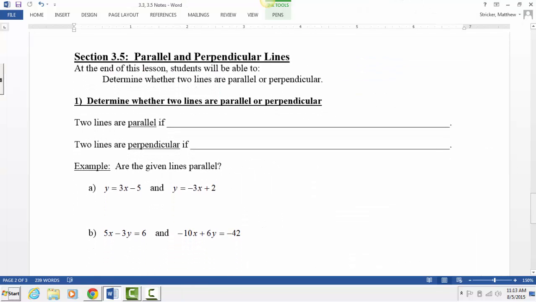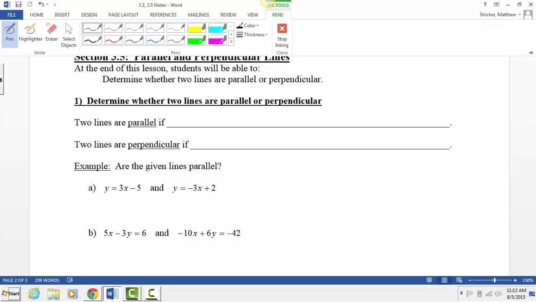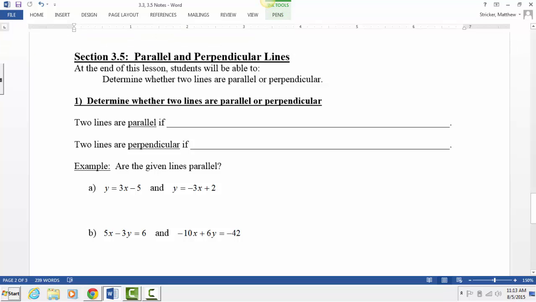So now let's go ahead and move to parallel and perpendicular lines. This is the second section on this video. It starts out with, how do we determine if two lines are parallel or perpendicular? And really all you need to do is look at the slope. Two lines are parallel. What do we know about parallel lines? Parallel lines are lines that don't intersect.